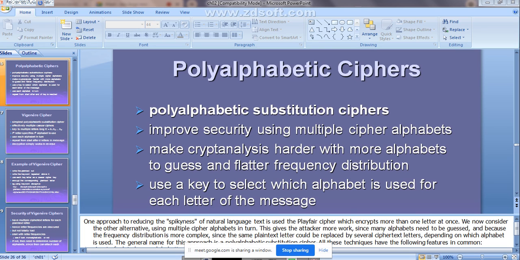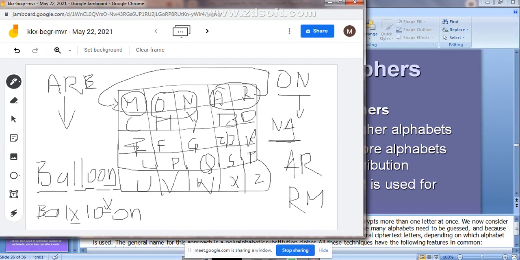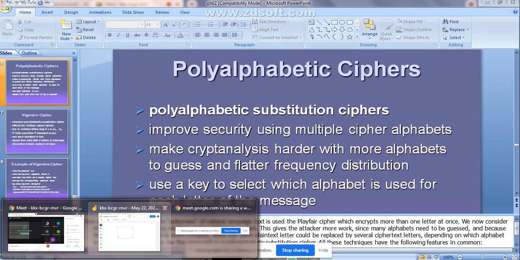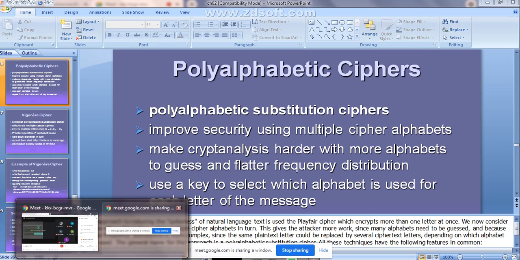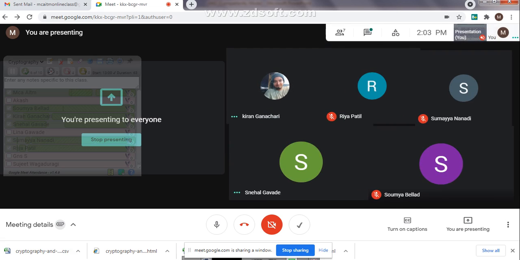But still the cryptanalyst will attack the Playfair also. They will do the same as they did for the monoalphabetic. They find the relative frequency, and by trial and error they identify the plain text used for the communication.